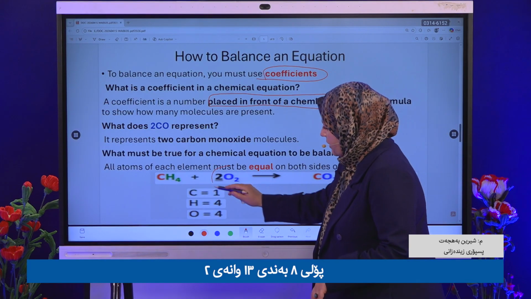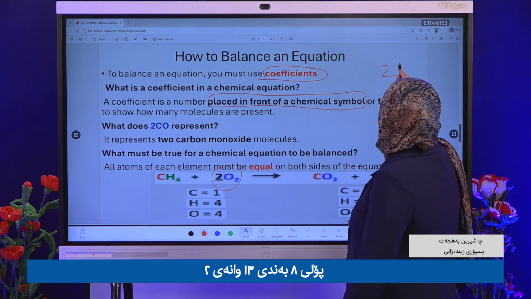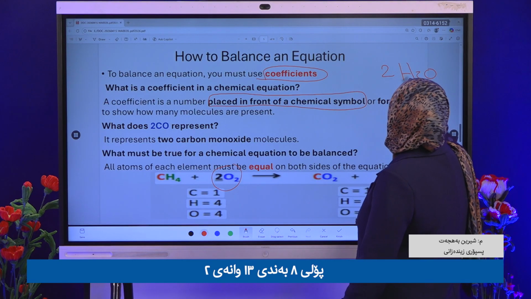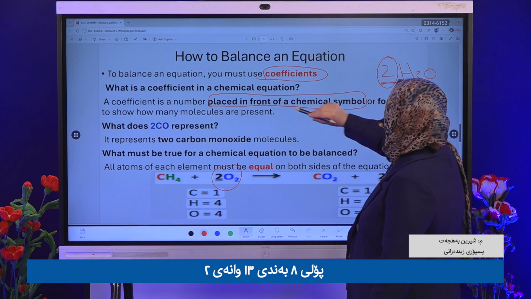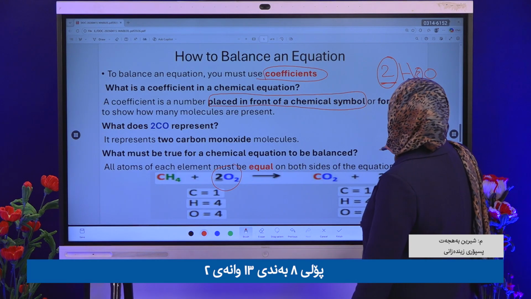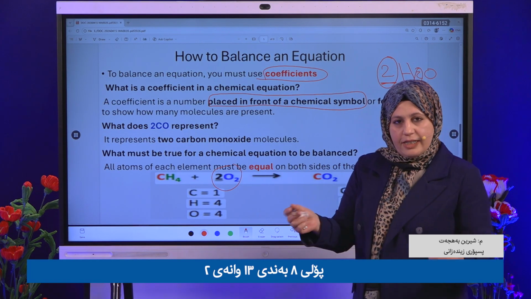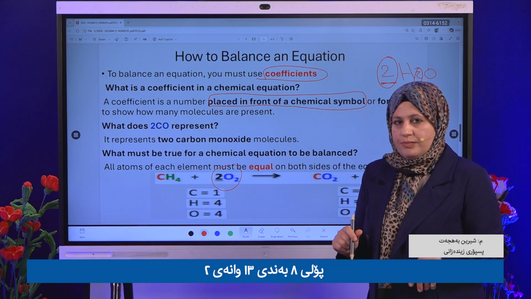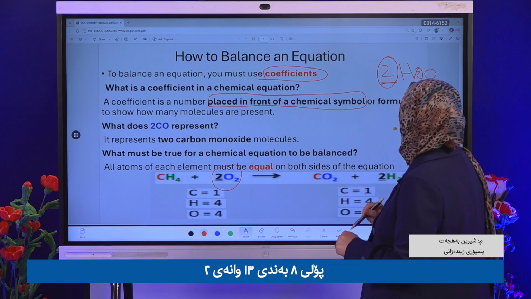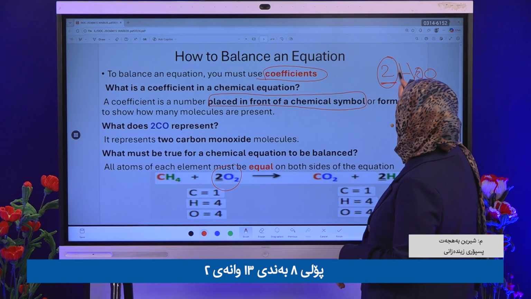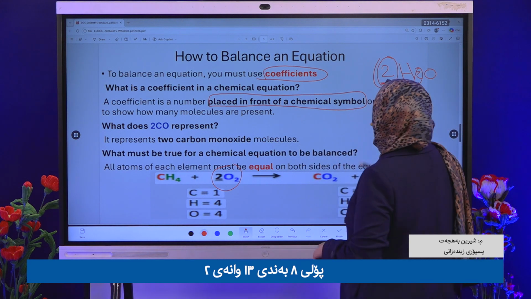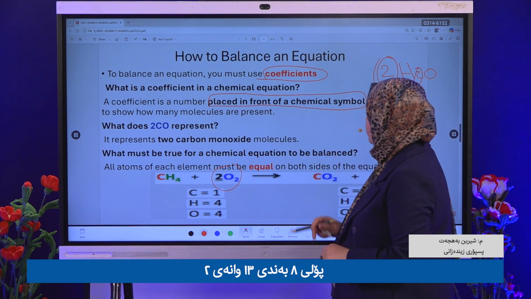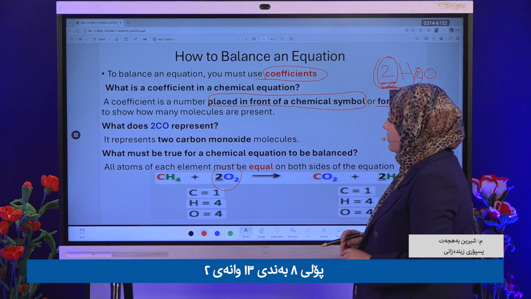For example, here you can write 2H2O. This number is named the coefficient. And what does the subscript represent? Be careful, okay? Don't confuse them. We place the coefficient in front of the formula.